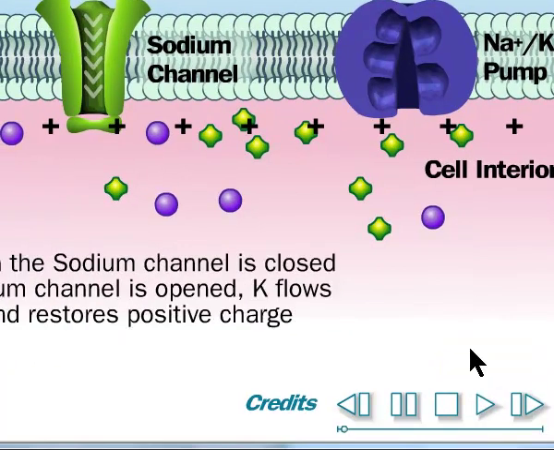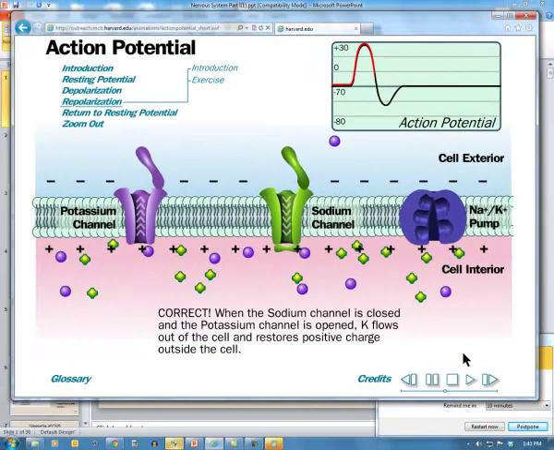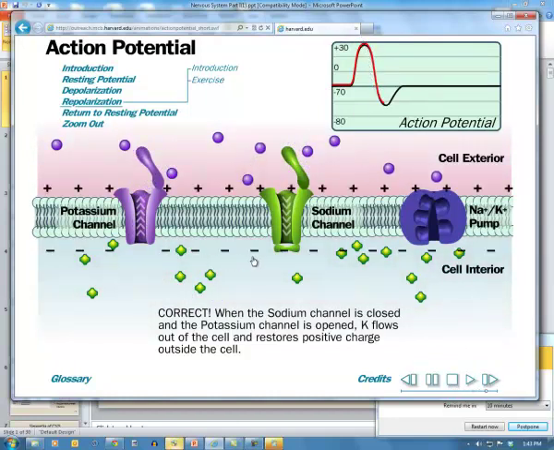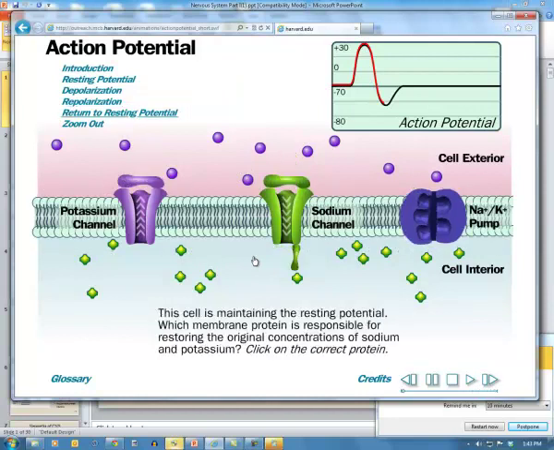And we'll watch that happen. Potassium flows out of the cell. We see a negative drop here, a return to negativity, and it's negative on the inside of the cell once again. Now, what's going to establish concentration gradients again is the sodium-potassium pump.